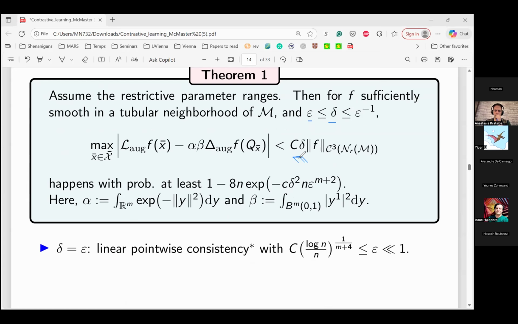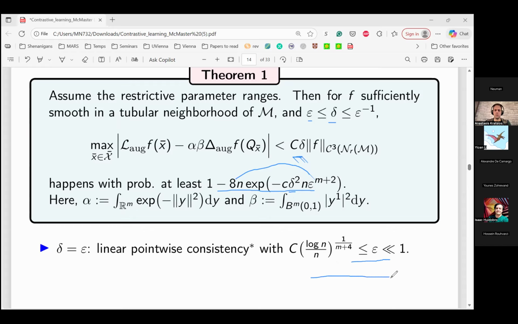Not only that, when you take epsilon equal to delta and you want this probability to be big, you can solve for epsilon in terms of n. You basically set this whole thing to be little o of 1. When you do that, you get a range of epsilon, something like this: log of n divided by n, to the root n plus 4, up to 1.